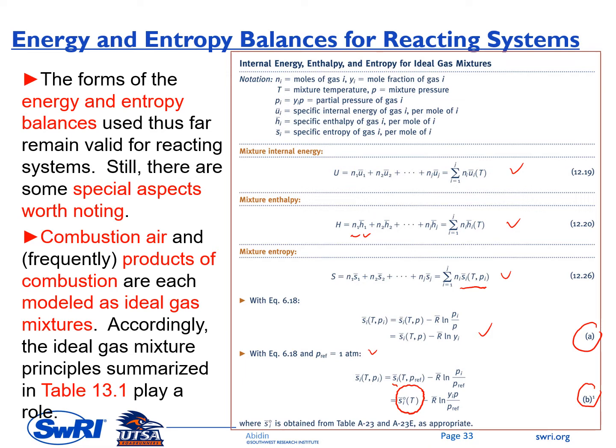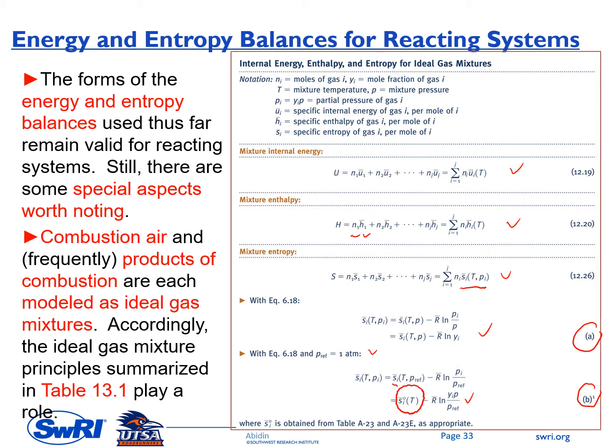And then on the right side, you have a similar formula: R-bar, the universal gas constant, times the natural logarithm of y_i times p over p_ref. Here p_ref is 1 atmosphere.